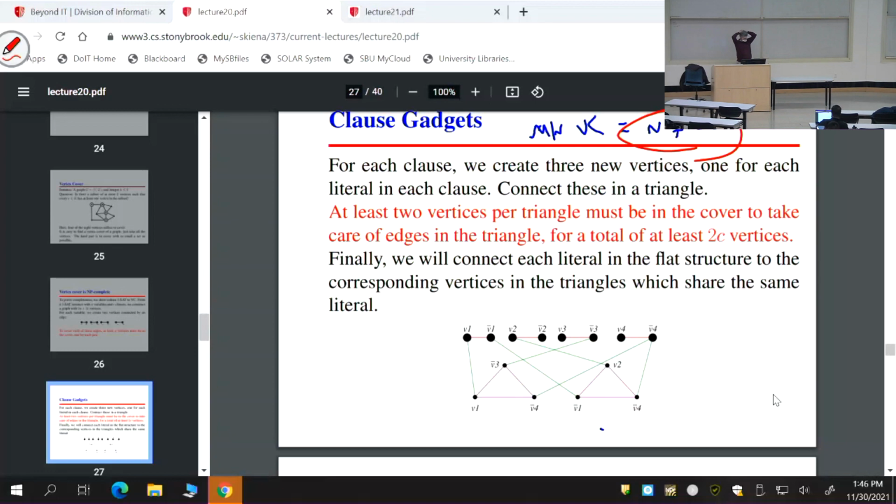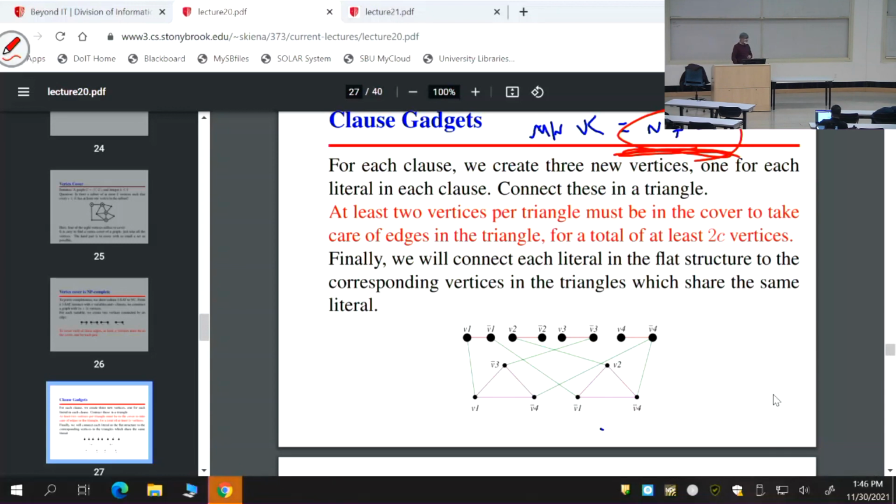The interesting thing, and this is a mechanical thing. If I ask you to do this for homework, here's a logic expression, make this graph, this is mechanical. You could write a program to do it. Okay? But what's interesting about it? My claim is that if this expression was satisfiable, there is still going to be a cover of this size.